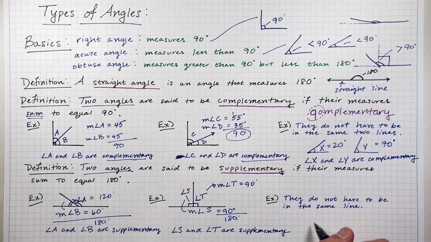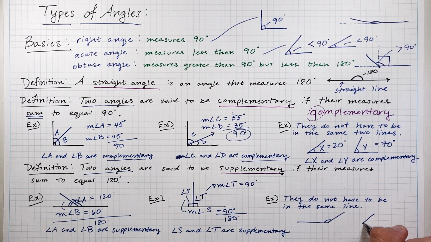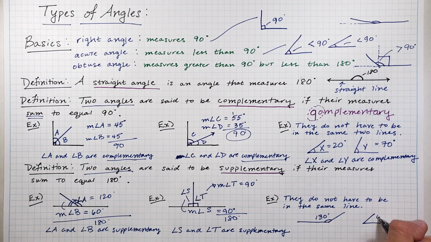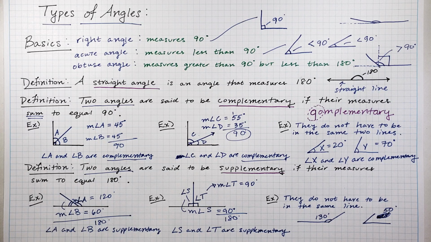So for example, let's say we have this angle, and let's say we have this angle here. Let's say this angle here is 130 degrees, and this one here is 60 degrees. Oops, I'm sorry, 50 degrees. Because what am I going to end up doing? I'm going to say 130 degrees plus 50 degrees is going to add up to be 180 degrees, right?